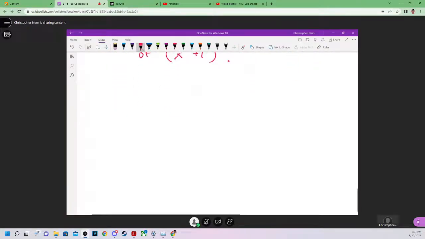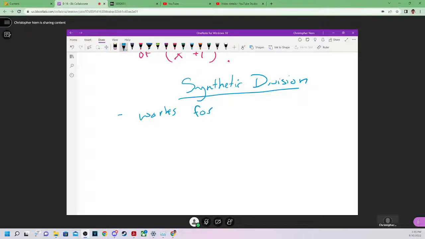Now we talk about synthetic division. Now I'm going to make a key point. It works for divisors in the form of x minus c.